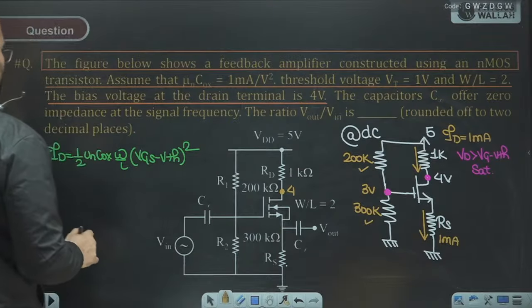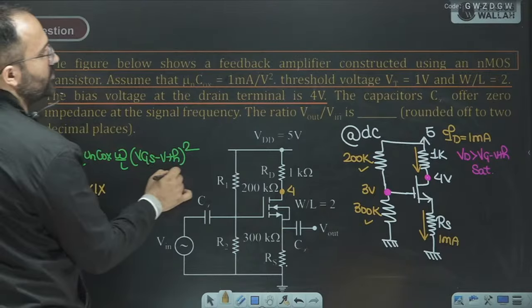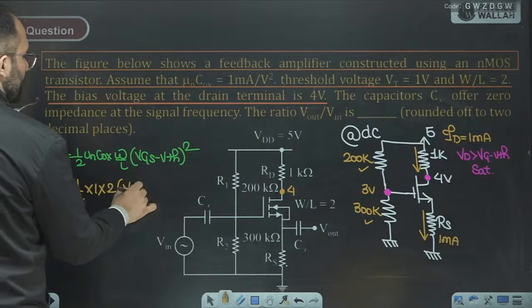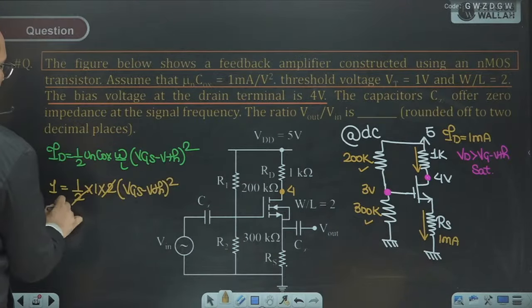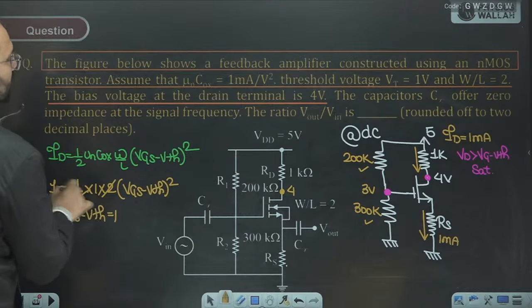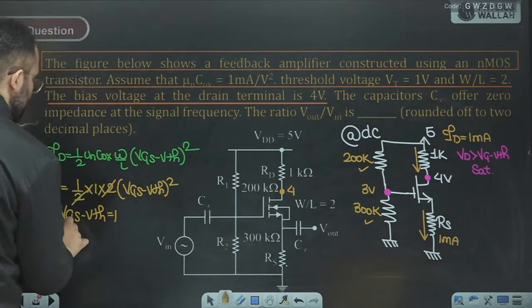Now we can see ID is 1 milliampere. W by L is 2. So we can see this is VGS minus VTH is equal to 1. Now VTH is 1, threshold is 1, so VGS is equal to 2.